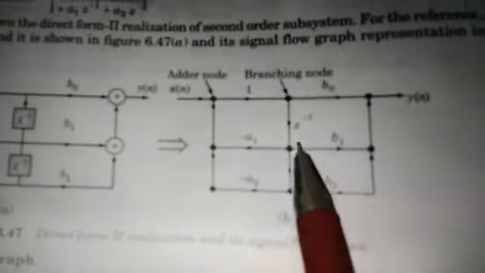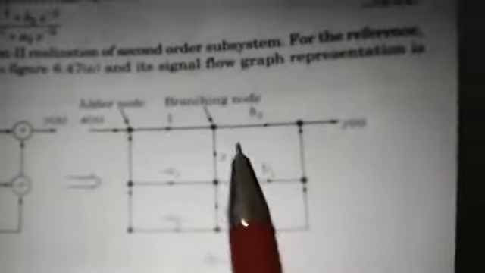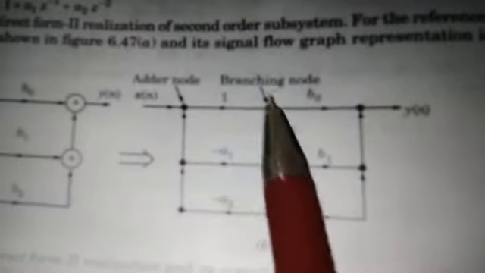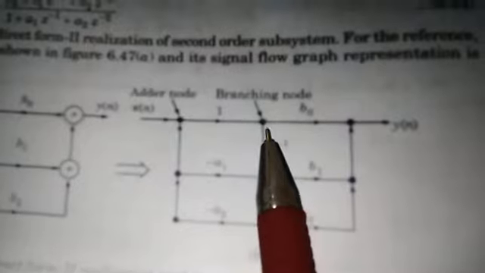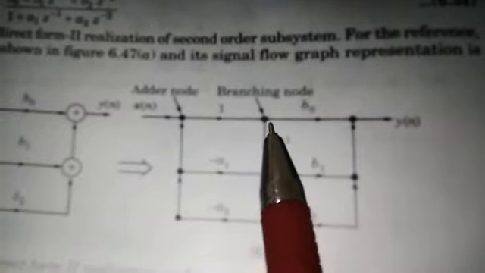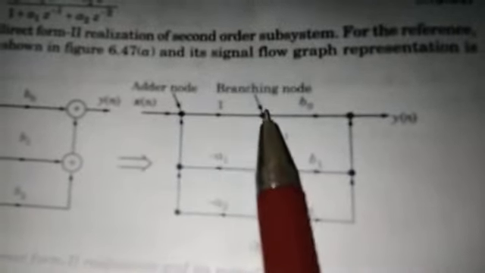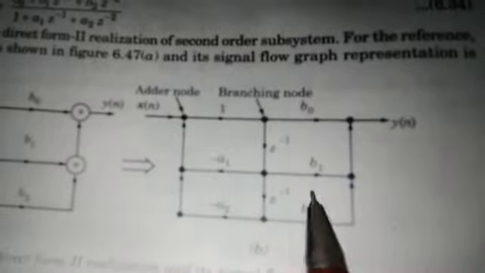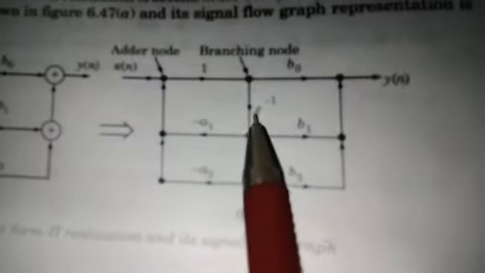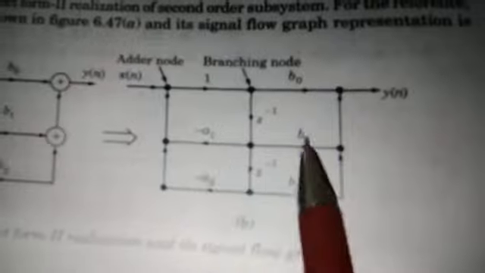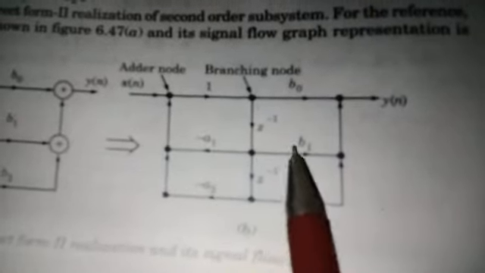Now this can be represented with the signal flow graph. In place of showing the delay elements, we will show this arrow here, and the tapping points are called nodes: adder node, branching node, and these are the branches. Here the delay elements are shown as z inverse, and these are the coefficients minus a1, minus a2, b2, b1.